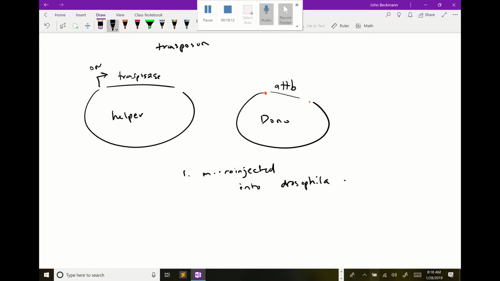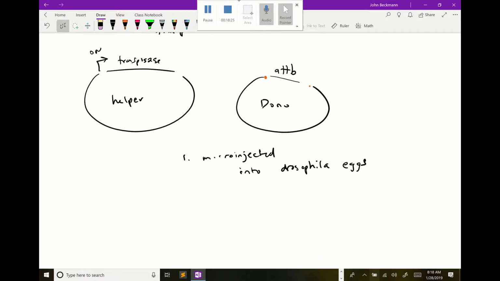Now tell me what's going to happen. It'll get randomly put into their genes. What will randomly get put in? The ATTB. So what he did is, let's say this is fly one. ATTB gets inserted right there. Okay? But he did this 1,000 times. So he made 1,000 of these flies.